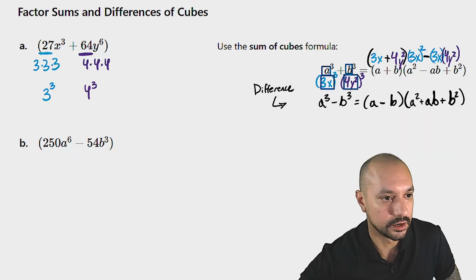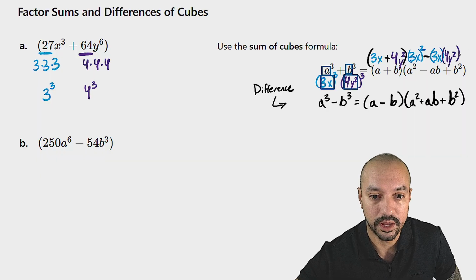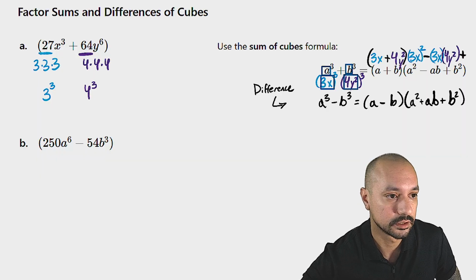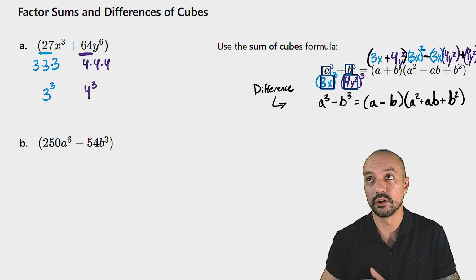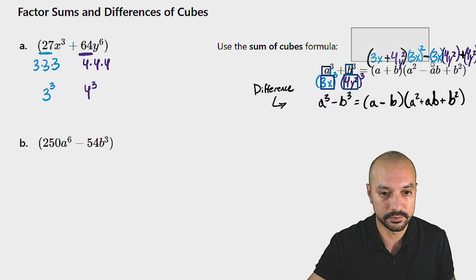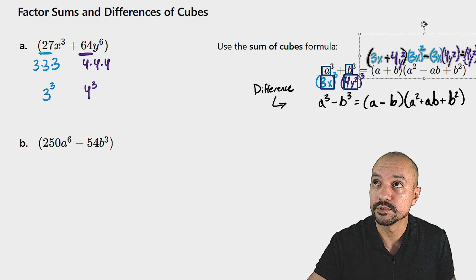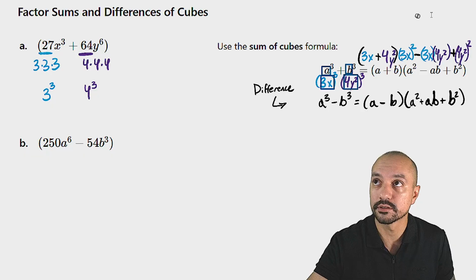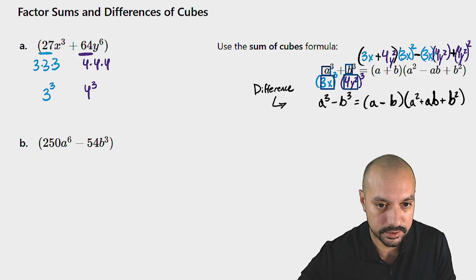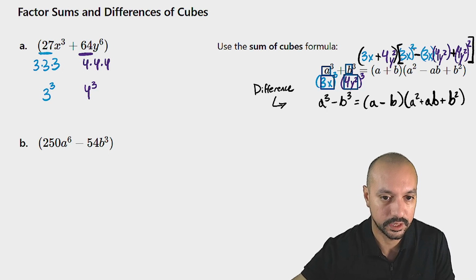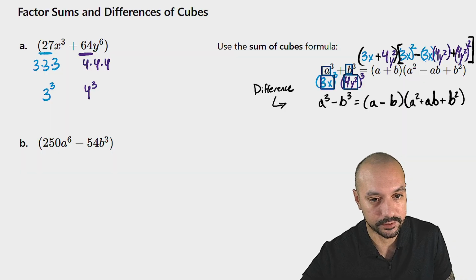And then we have plus 4y squared. And 4y squared is our b value, so that itself will also be squared. Let me scoot that over just a little bit so we can see all of it. All right, perfect. There it is. From here, the last thing I'm going to do is I'm just going to include these parentheses. And now we've finished factoring.